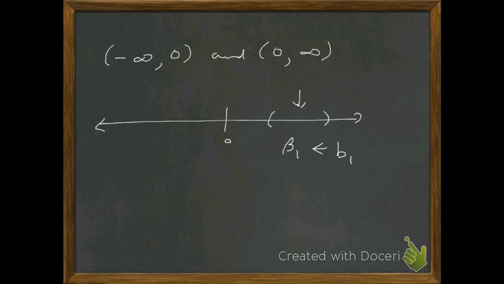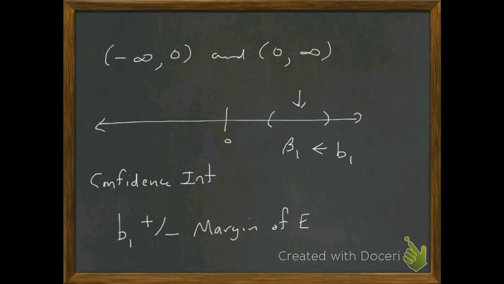So what we'll do there is ultimately create a confidence interval. In the confidence interval, we'll take our estimate as the center, and we will add and subtract the margin of error.